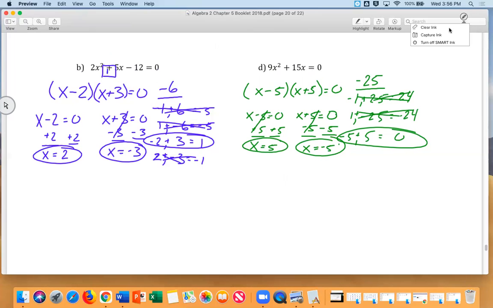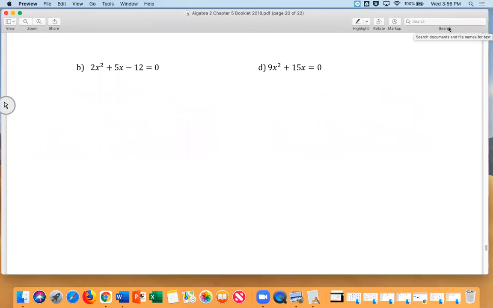Now, B is pretty tricky, okay? And we're going to have to solve it using the British method, which is what I taught you guys. All right, we combine those. That's negative 24. And then we're going to look at the factors of negative 24 that can combine to give me 5.